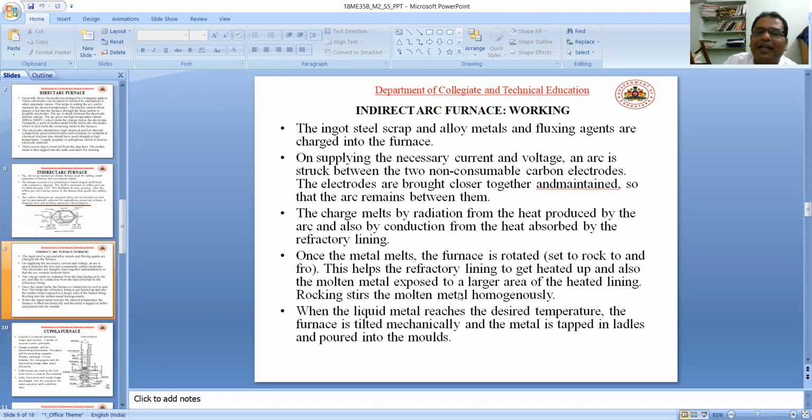The charge melts by radiation from the heat produced by the arc and also by conduction from the heat absorbed by the refractory lining. Once the metal melts, the furnace is rotated. This helps the refractory lining get heated up and the molten metal exposed to a larger area of heated lining. Rocking stirs the molten metal homogeneously.